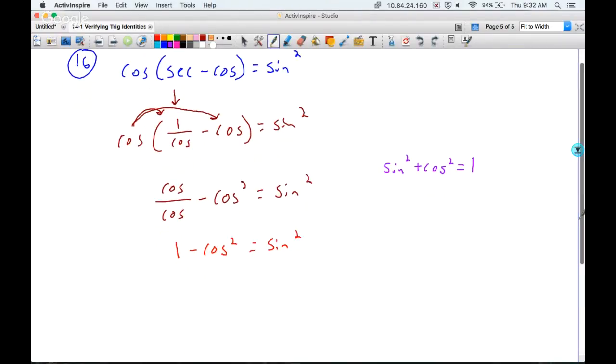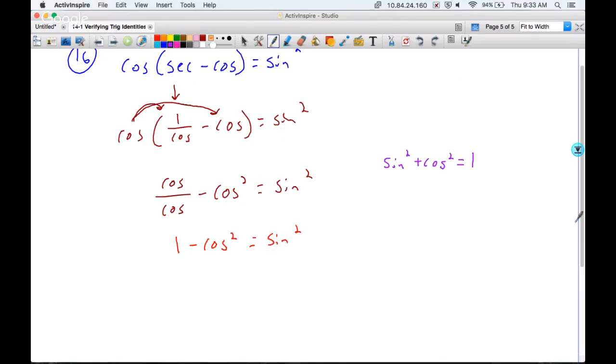Sometimes it can change things in a way that maybe you can verify something that's actually not an identity. If you play some math tricks, you can get an identity that's not really an identity. So I'm going to avoid crossing the equal sign. I'm going to do it this way.